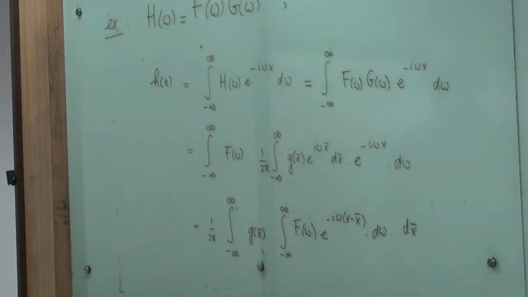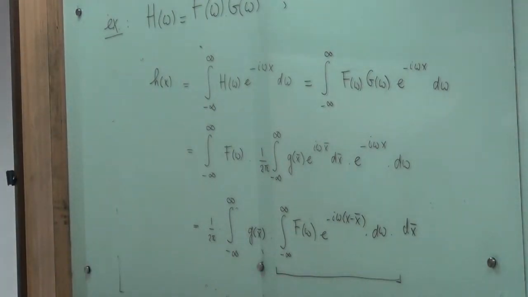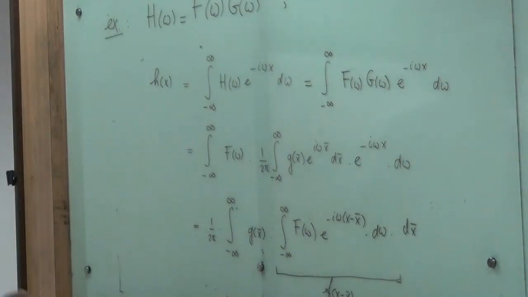But now we should look carefully. If I look at this integral, to what is this integral equal? This is equal to the small f of x minus x bar. If I use the definition of the inverse transformation, then I have to compute the integral from minus infinity to plus infinity of F omega e to the power minus i omega x d omega.